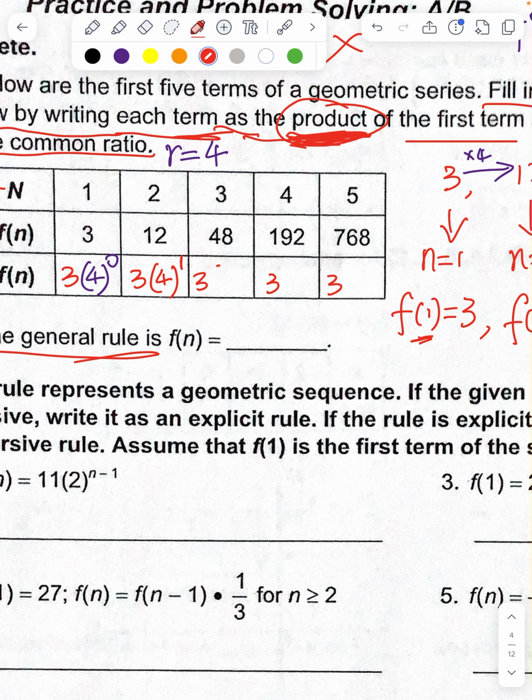Then the next one, 48. 4 raised to the second power means 4 times 4. That's 16. 16 multiplied by 3 is 48.